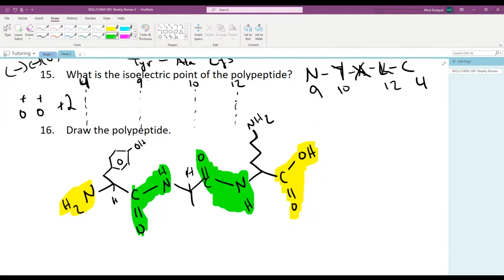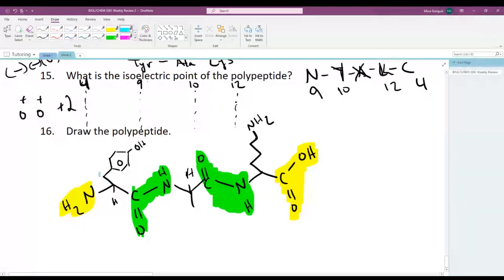The carboxylic acid has a pKa of about 2 to 4. Internally, it doesn't have a hydroxyl group. It can't lose its hydrogen because it doesn't have one, okay? Finally, I'm going to draw our chains in blue. Depending on what your variable chain is, it may gain or lose protons, okay?